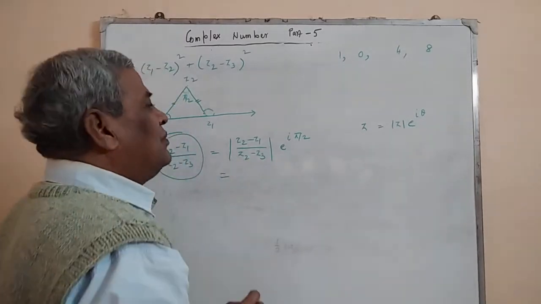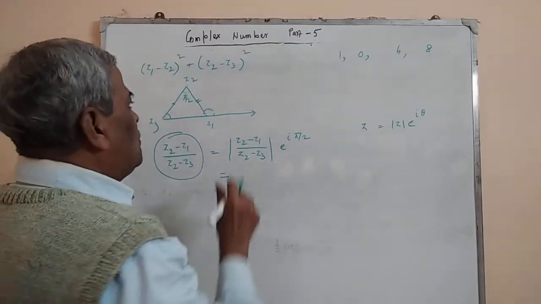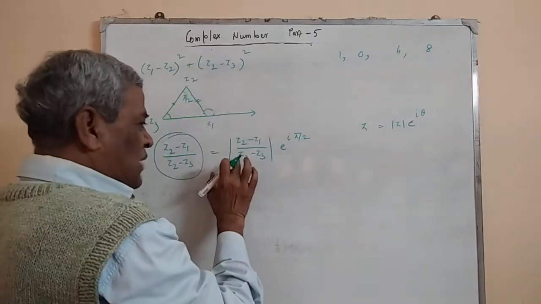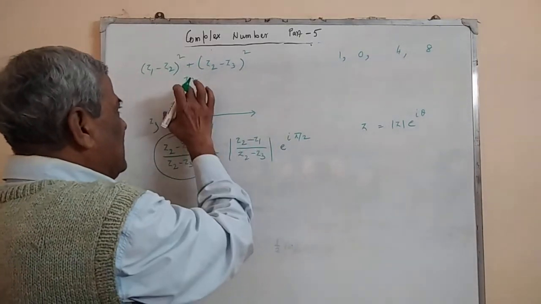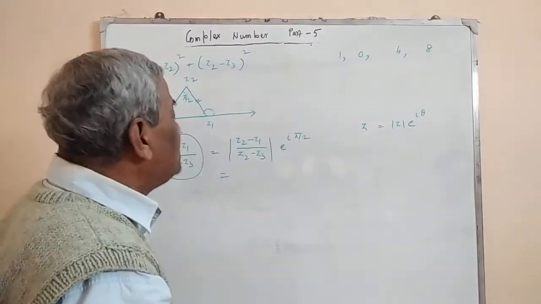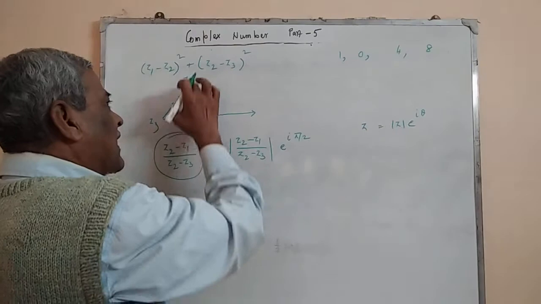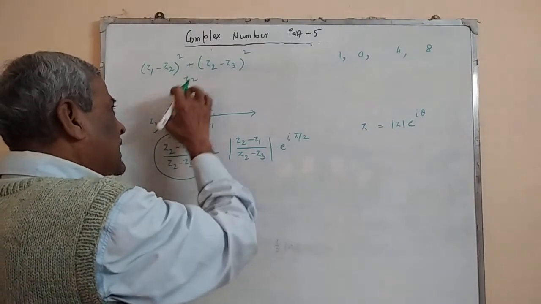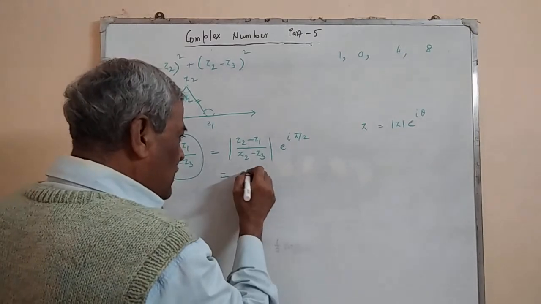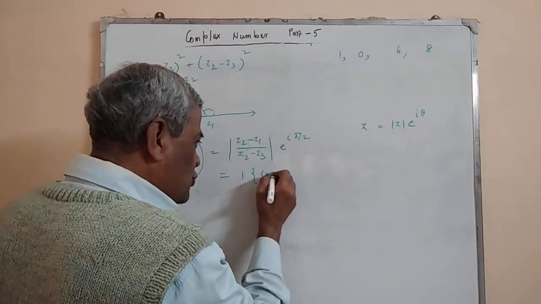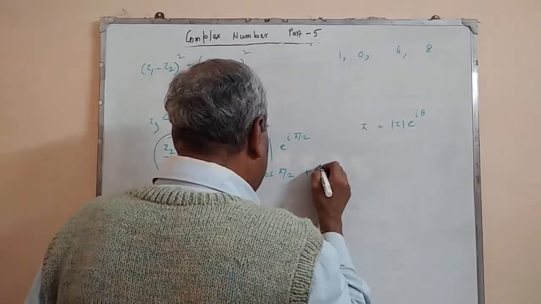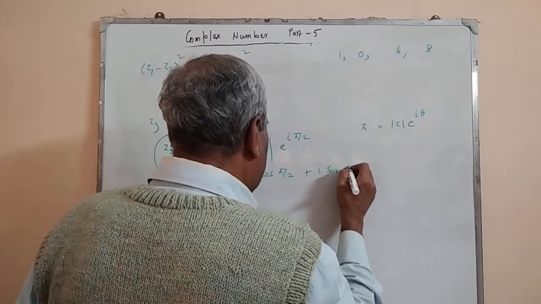Now the modulus of z2 minus z1 is this length, and the modulus of z2 minus z3 is this length. These are the two equal sides of an isosceles right angle triangle, so this length and that length must be equal. So it is simply 1 into (cos pi by 2 plus I sin pi by 2).